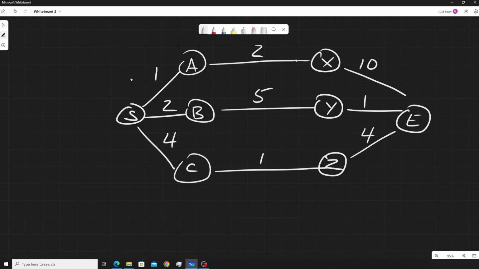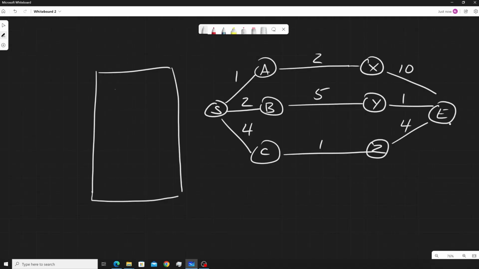The main feature of the priority queue is that we can insert. We can pop off from the top, but we can insert into the priority queue at any location. We can insert additional data at any spot.